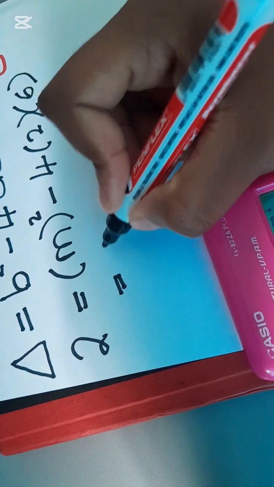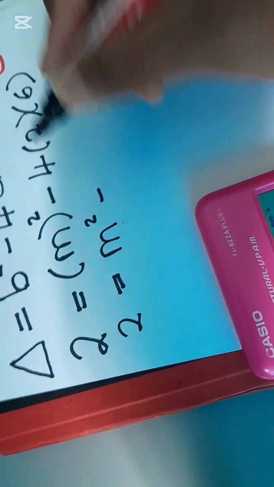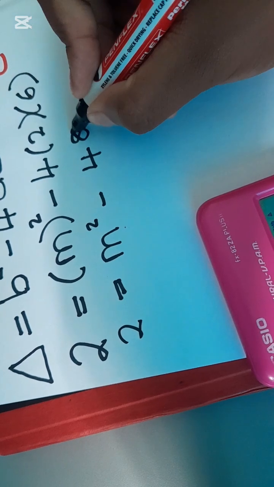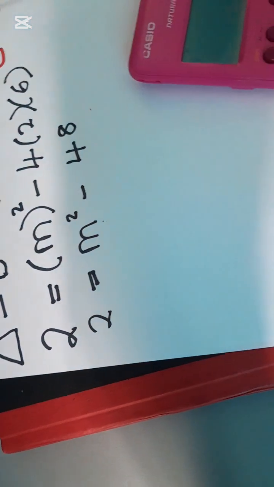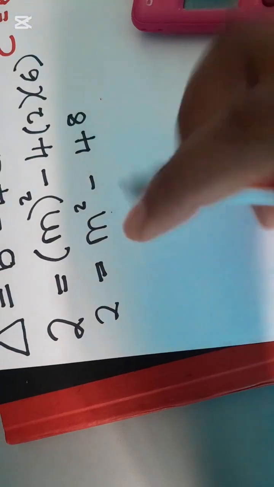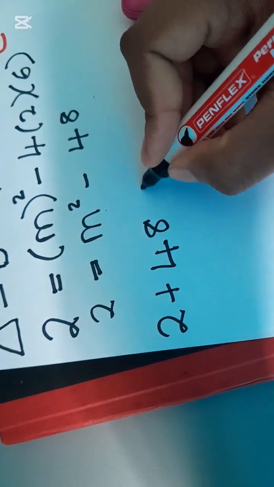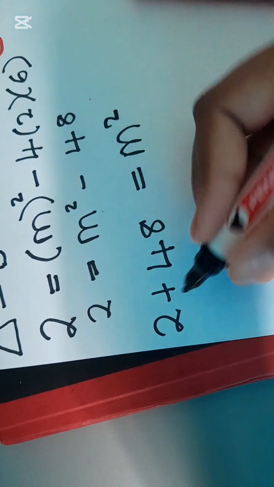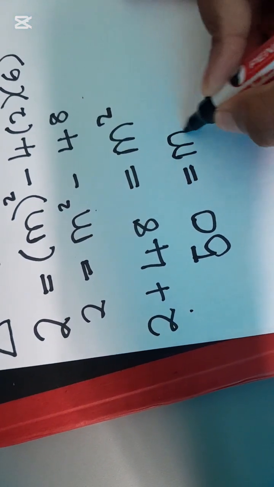Then on this side we have 2 is equal to m squared minus 48, and then I suggest that we take this 48 to the other side, which means we're going to have 2 plus 48 is equal to m squared. 2 plus 48 is equal to 50, which is equal to m squared.